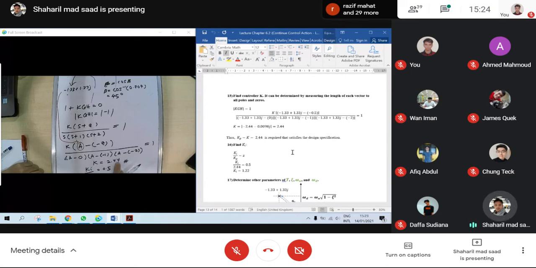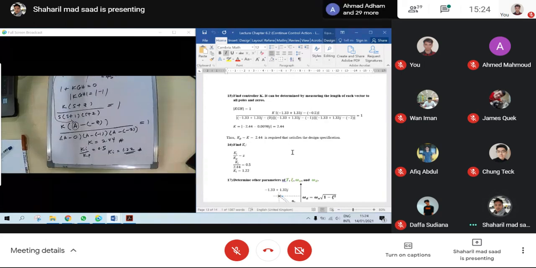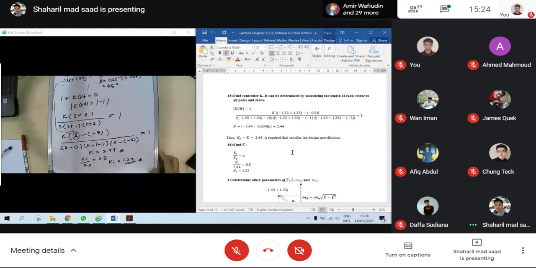So k here is the kp, then you got your ki equal to 1.22. So if we choose kp equal to 2.44, your ki is equal to 1.22, right? So ki divided by 2.44 equals 0.5.